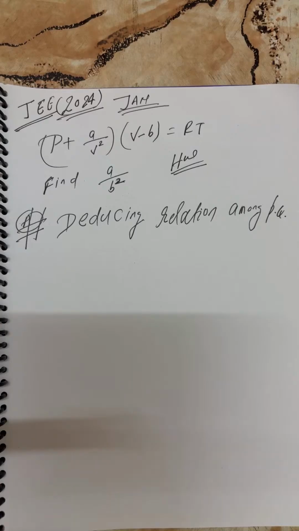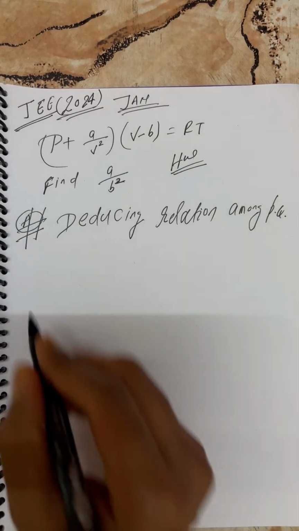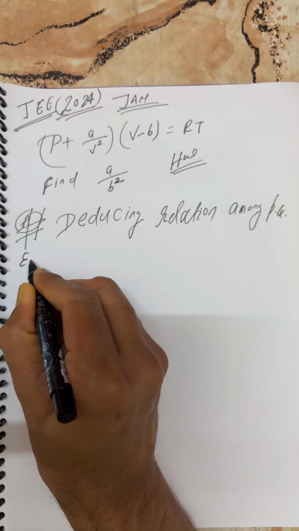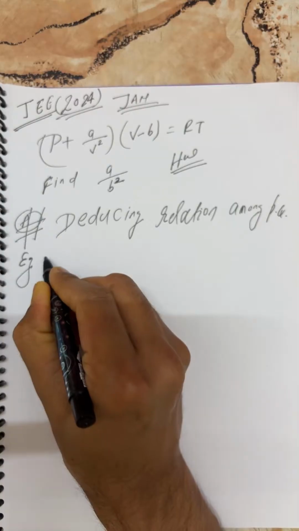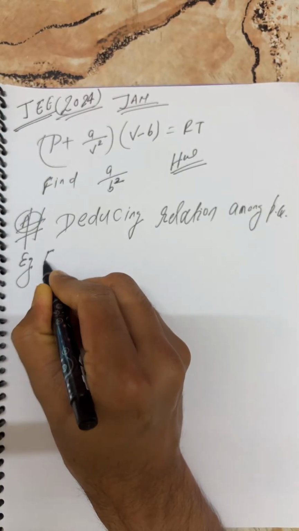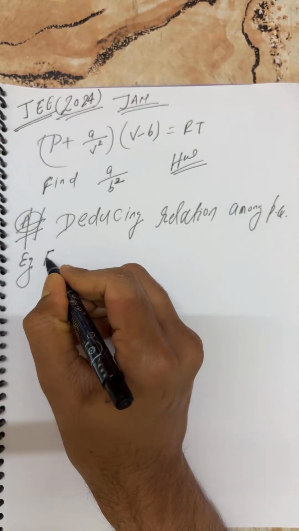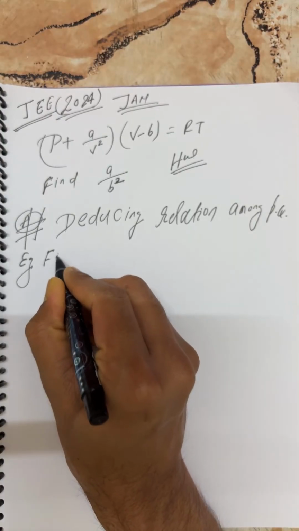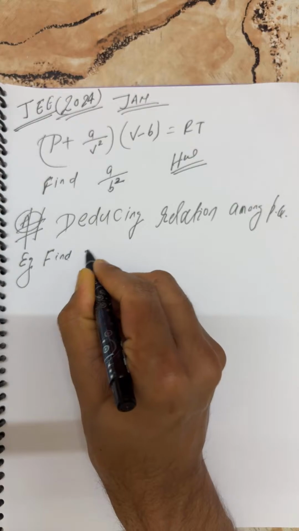Okay, come, beta. We learn this only in the form of a numerical. So what is the numerical? Let's have a look. What is the question?